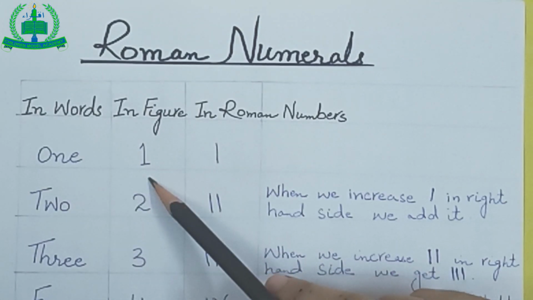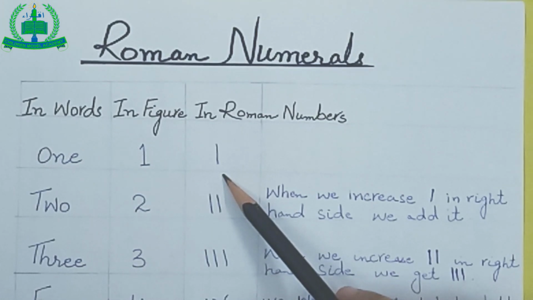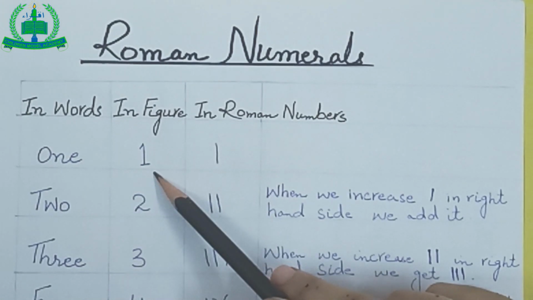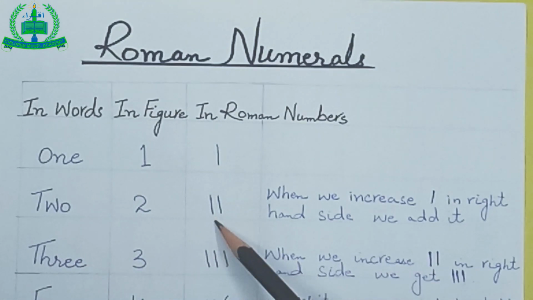1, I. I is the Roman symbol which means 1. 2, II.